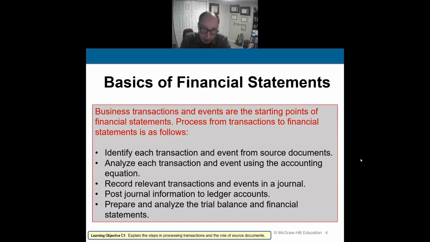A transaction is an exchange of goods and services for something else, usually money. Sometimes it could be an even exchange, like product for product. But in most cases, the exchange is goods or services in exchange for cash. That's a typical transaction.